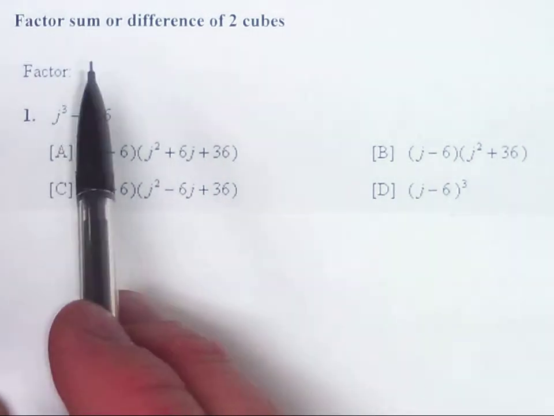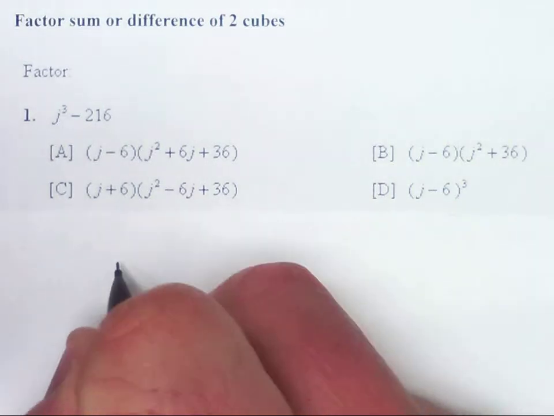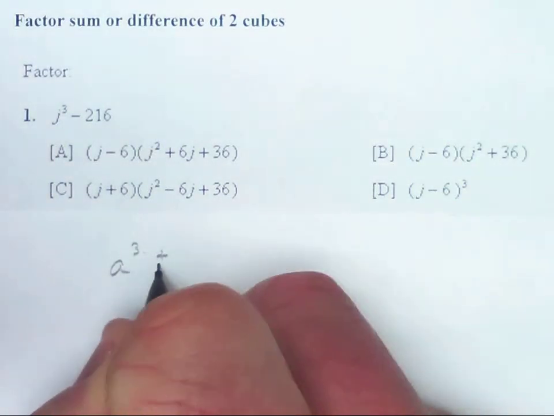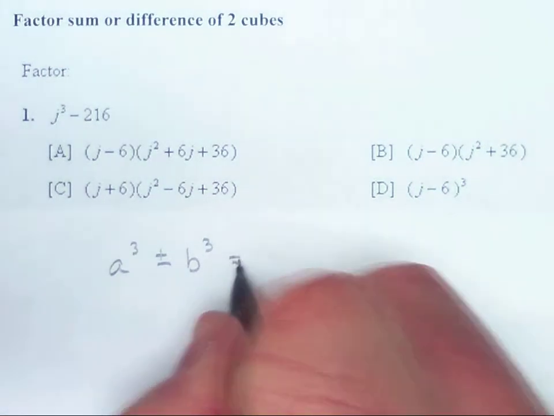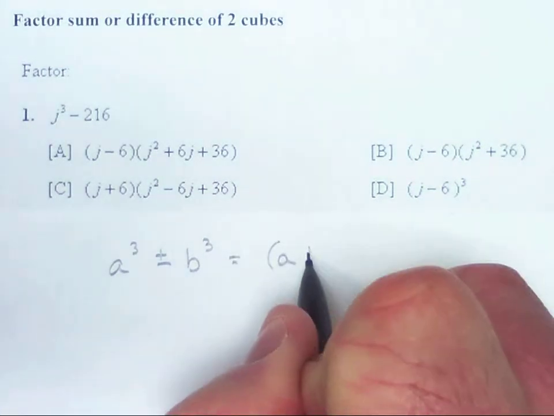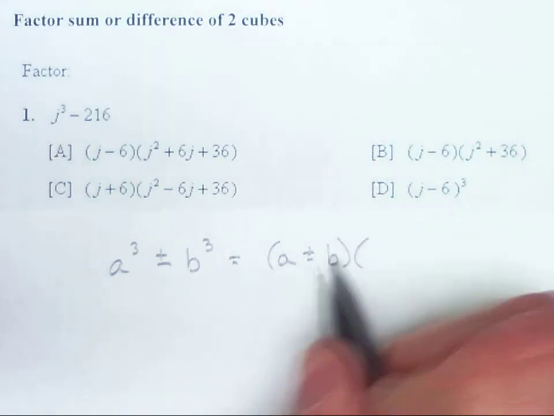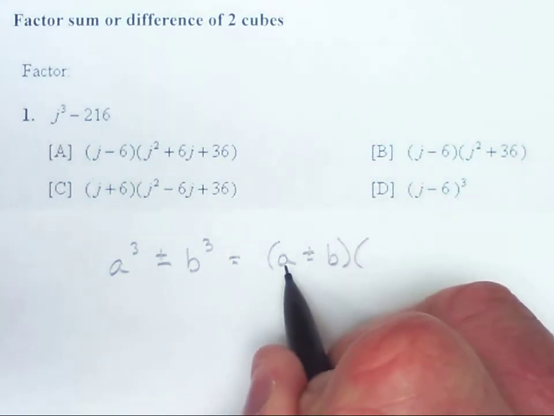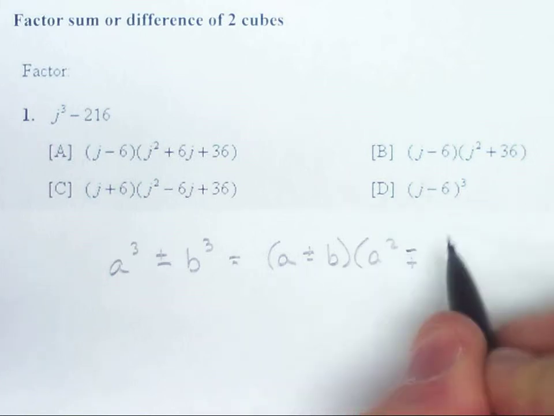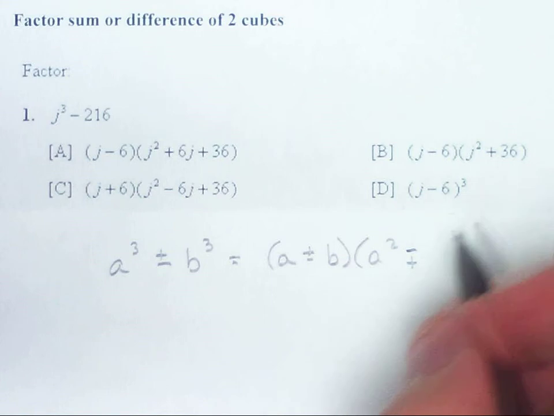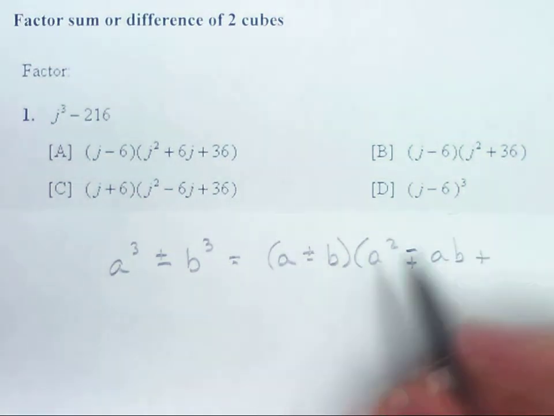The title of this objective is Factor Sum or Difference of Two Cubes. We learned in class that whenever we have the sum or the difference of two cubes, it could be factored to the cube root of the first plus or minus the cube root of the second, times the first term of the first factor squared minus or plus the product of the two terms of the first factor plus the second term of the first factor squared.